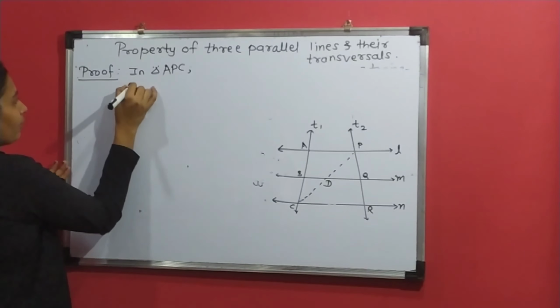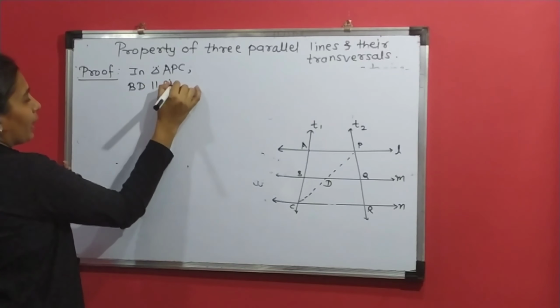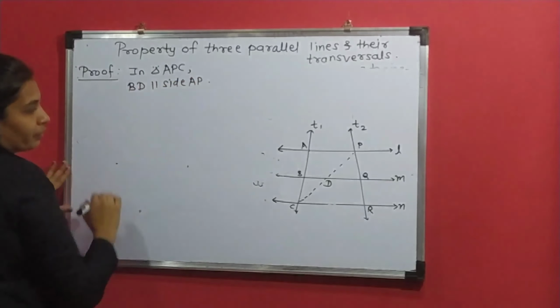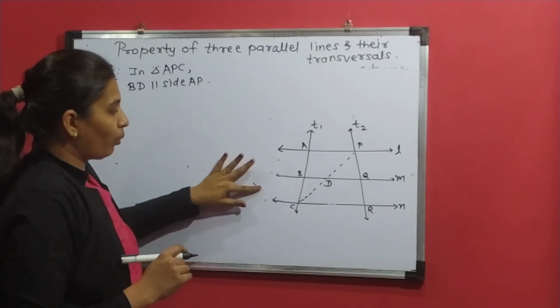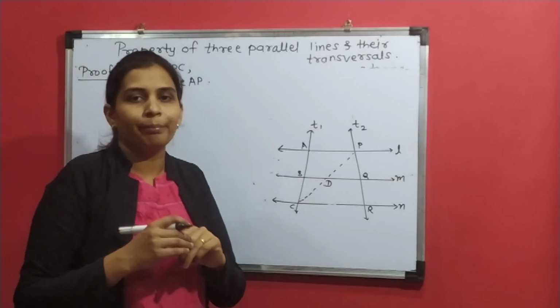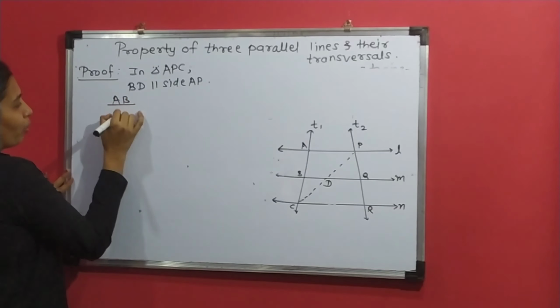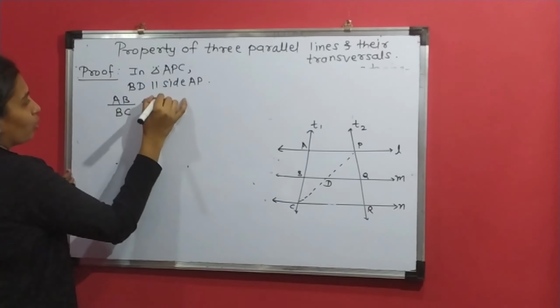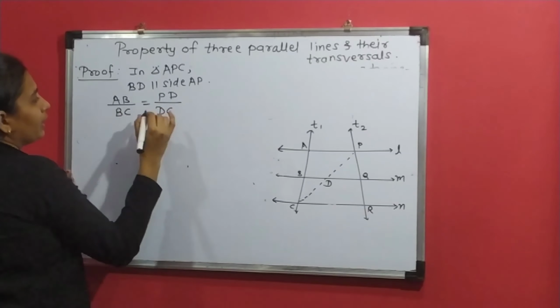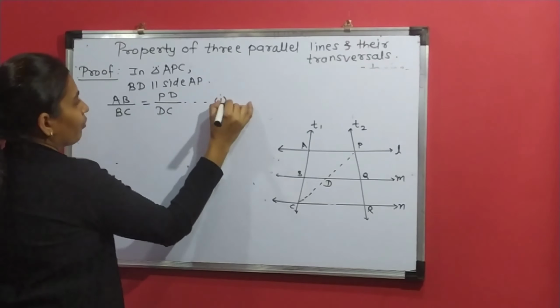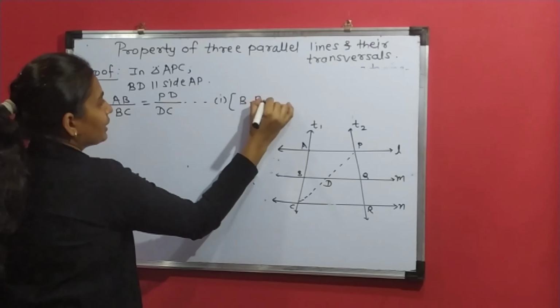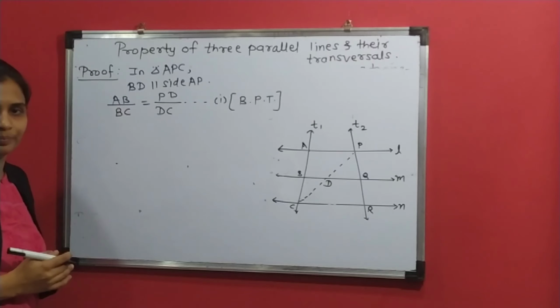So we will write here BD parallel to side AP. So this property will satisfy BPT. Means we will get AB upon BC equal to PD upon DC. Give it as number 1 and reason: basic proportionality theorem.